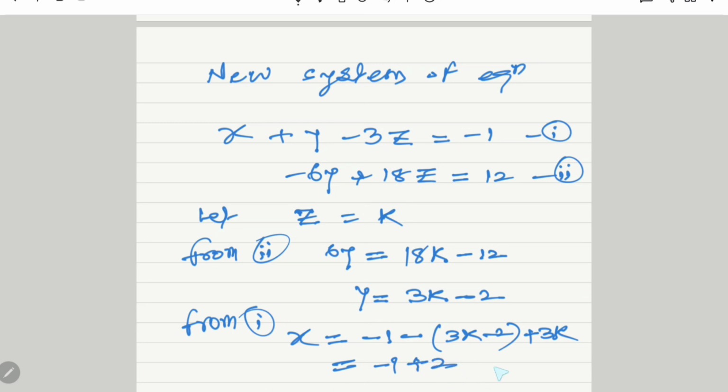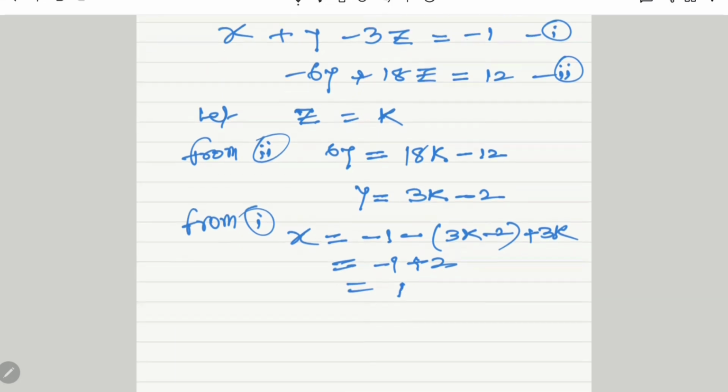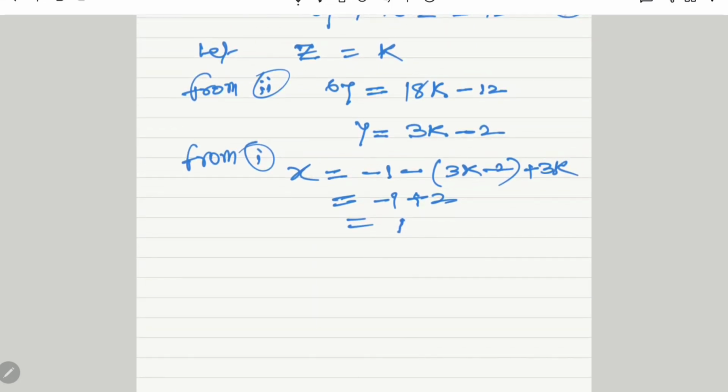And therefore, 2 minus 1, we get that value as 1. Therefore, the solution is x is equals to 1, y is equals to 3k minus 2, and z is equals to k. This is the infinite. Infinite in the sense we can take infinite values for k. K equal to 1, k equal to 2, k equal to 3, like this.